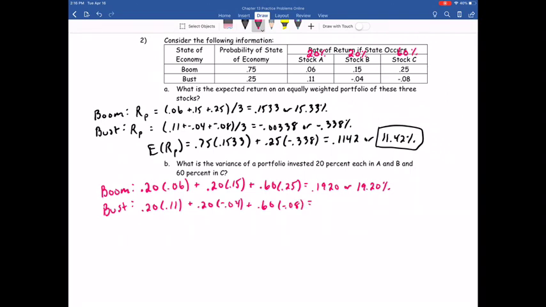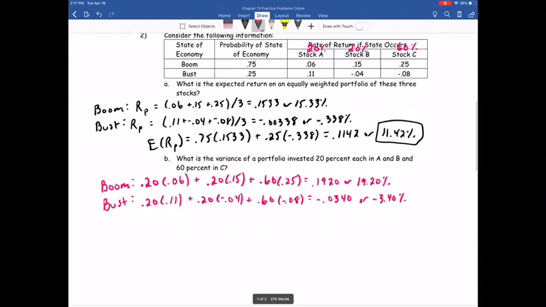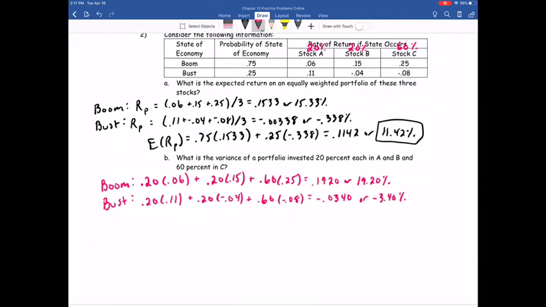And so we end up getting an expected return of the portfolio in a bust economy equal to negative 0.0340, or a negative 3.40% return. So in the event of a bust economy, the portfolio as a whole would have a negative return. Now, this is not the expected return of the portfolio. These are just the expected returns under each of these two economic conditions.